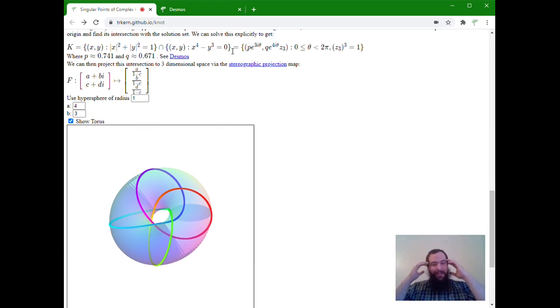And this is a really wild question, but it's actually something that mathematicians really care about, and they also care about this question in higher dimensions. I mean, this is as far as our imagination can possibly take us, but it's still an important question. What happens when we have these singular points of complex hypersurfaces, singular points of the solution to some sort of complex polynomial equation?